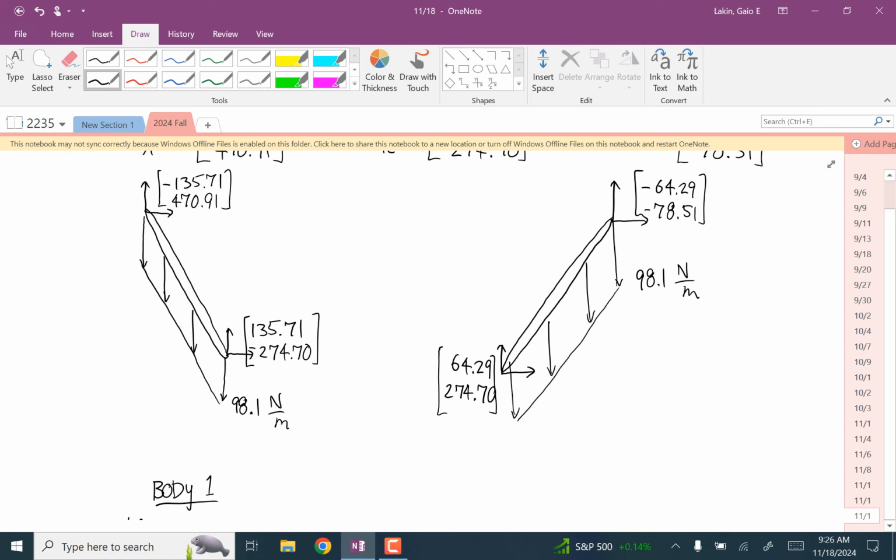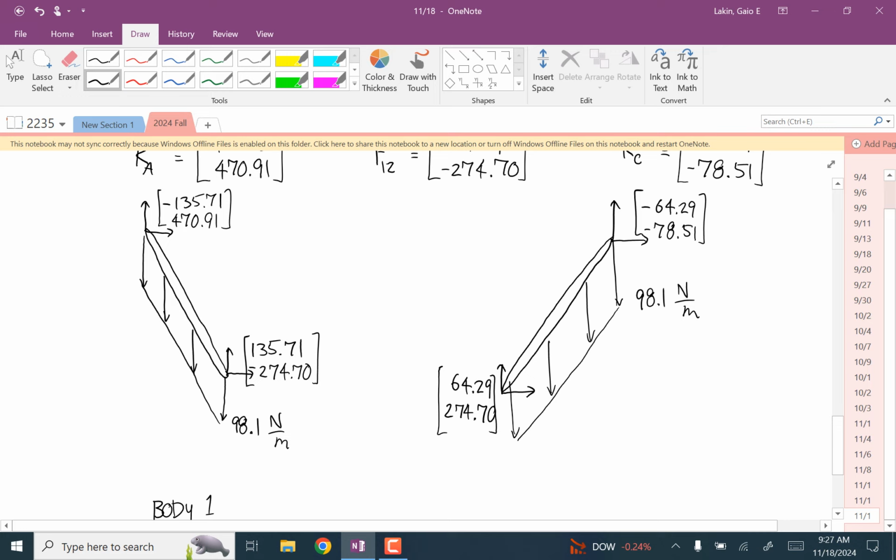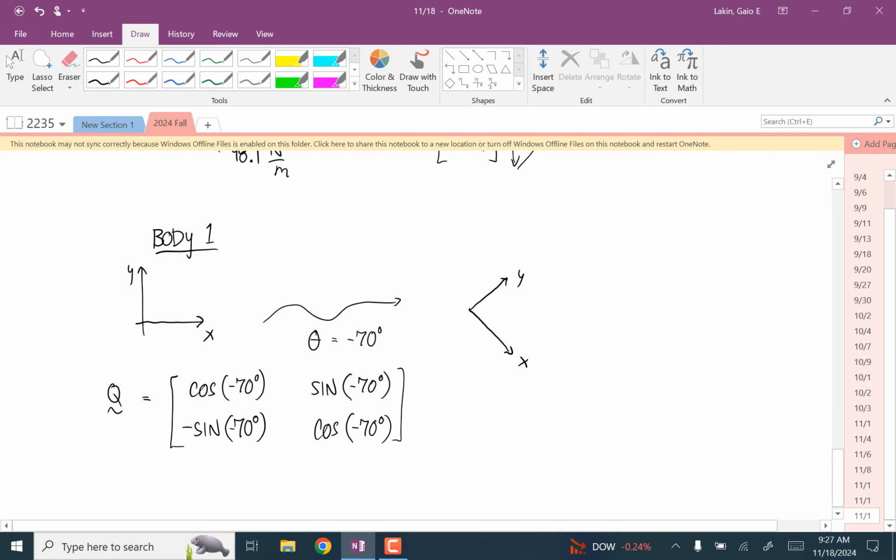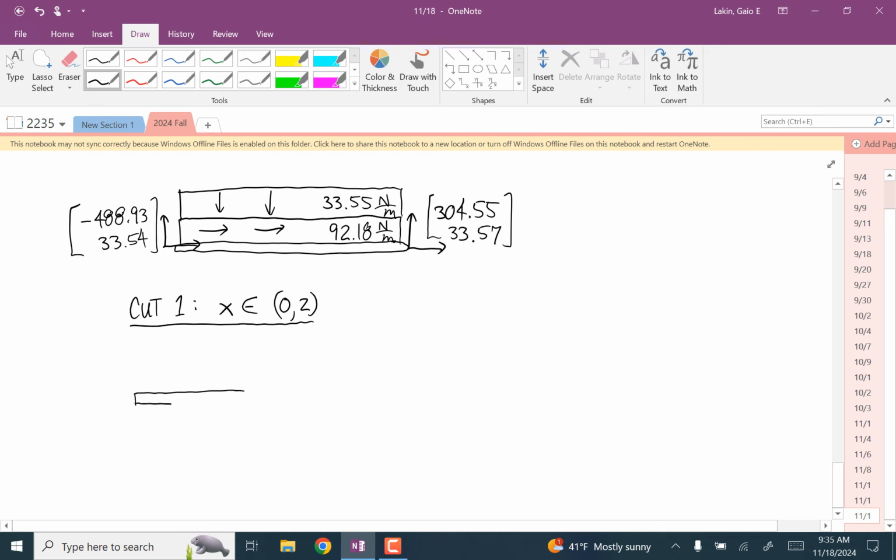Okay, so now take a couple minutes and see if you can change all of these loads. What loads do we have? We just have 2 point loads to transform, and then 1 distributed load to transform. We have this point load over here on the left: negative 488.93, 33.54.